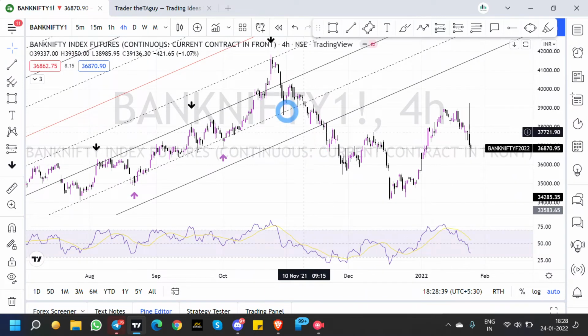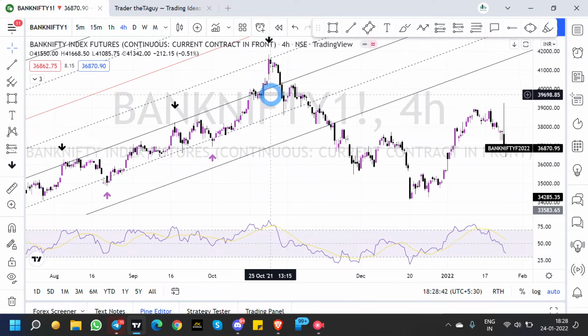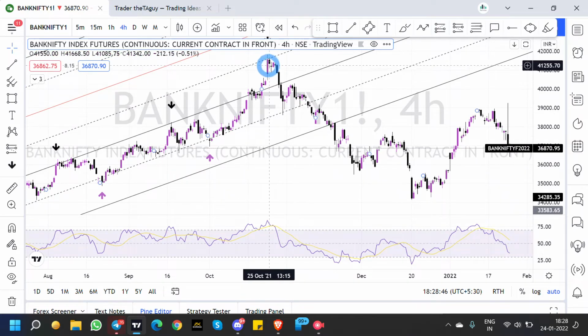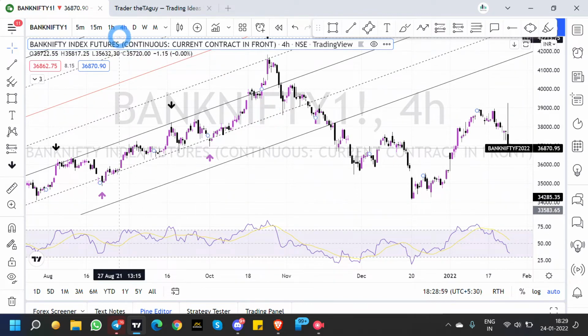Okay, let's take the current trade for current one. So here we have this doji candle as our trend reversal candlestick. We can take a trade here after confirming on the 1 hourly and 15 minutes time frame. You can see it is in the overbought position on RSI.